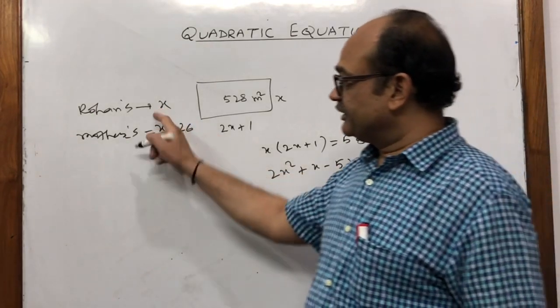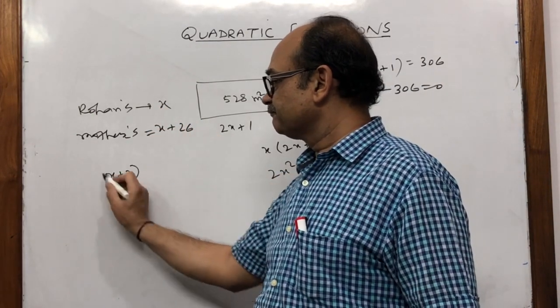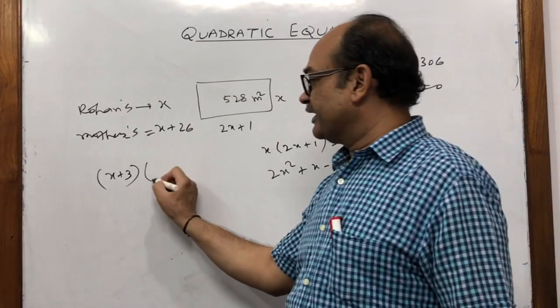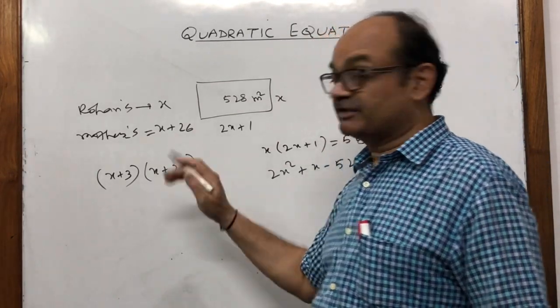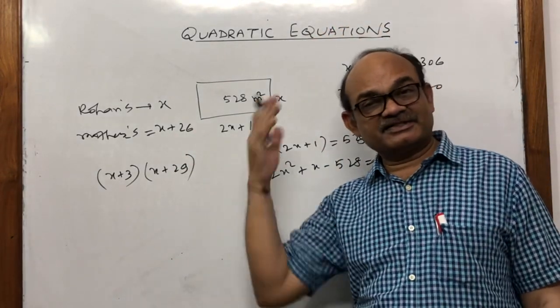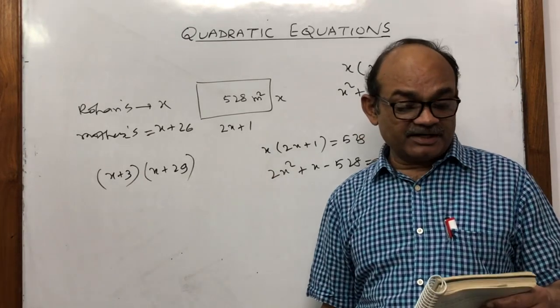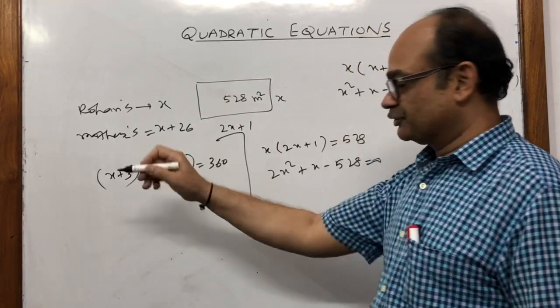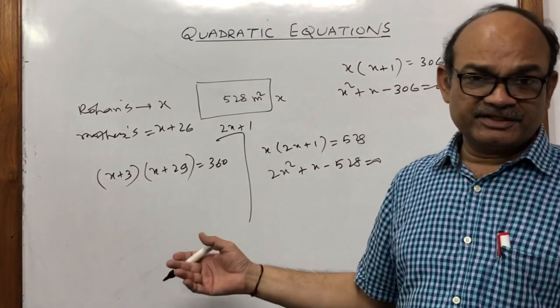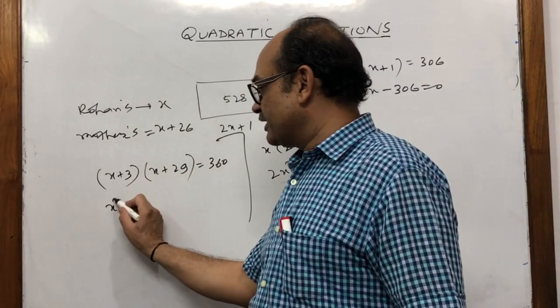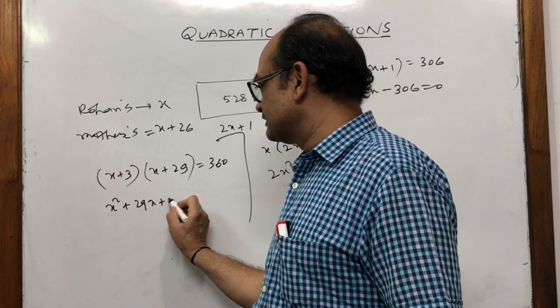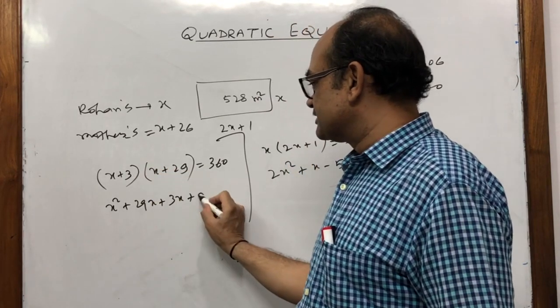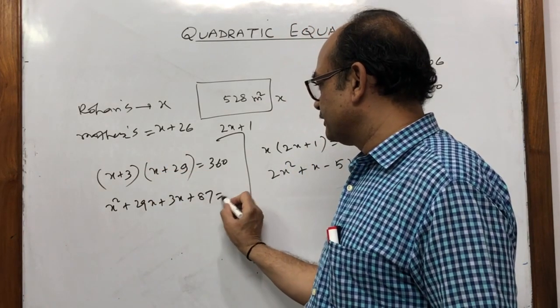So after 3 years, Rohan will be x plus 3 and mother will be x plus 29, because after 3 years you have to add 3, same as in the linear equation. The product is given 360. Form the equation. So simply multiply and form the equation. So here x square, 29x, 3x, 87 equals to 360.